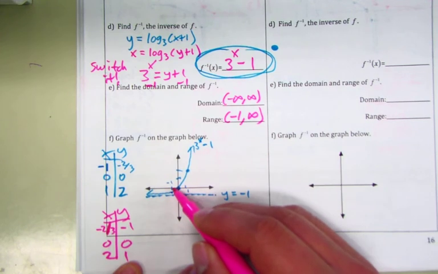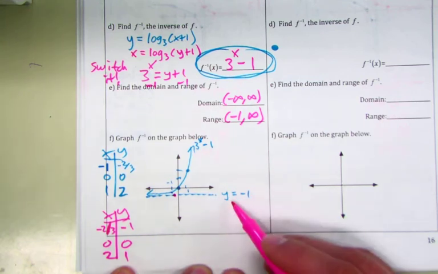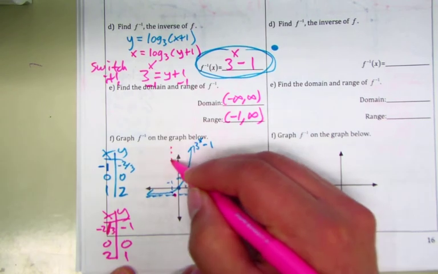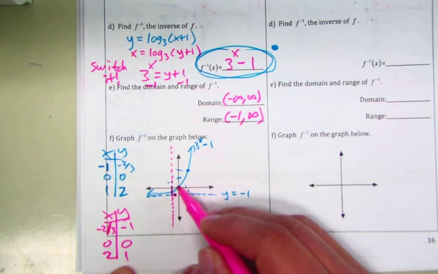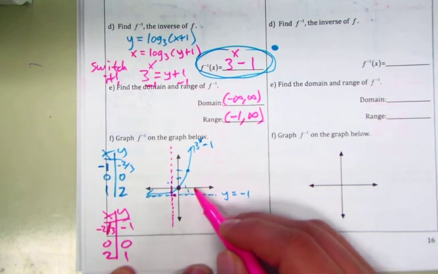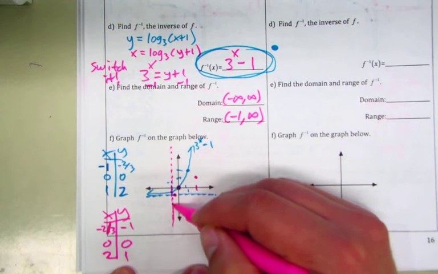So negative 2/3, negative 1. By the way, instead of y equals -1, what's my asymptote now? X equals negative 1, right? So I'm going to draw that in as a guide. 0, 0 is still on the graph, and then 2, 1 is on the graph. So we have something that looks like this now.